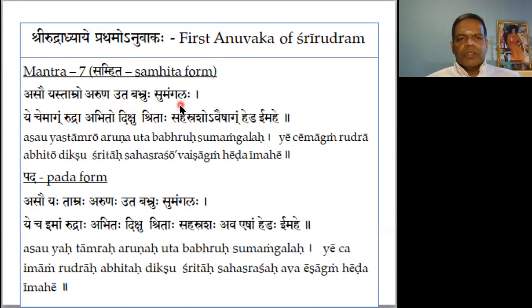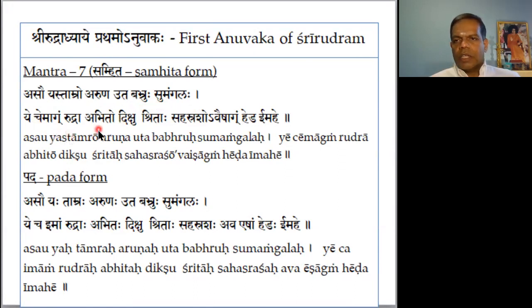I think I should have pointed out some of the letters for your pronunciation purposes. Asau, Yastamro, Aruna, Uta, Babhru. This is the fourth letter in the Pa-varga, so it should be aspirated. Bhru. Babhru. Sumangalaha. Ye chemagum Rudra. Abhito.